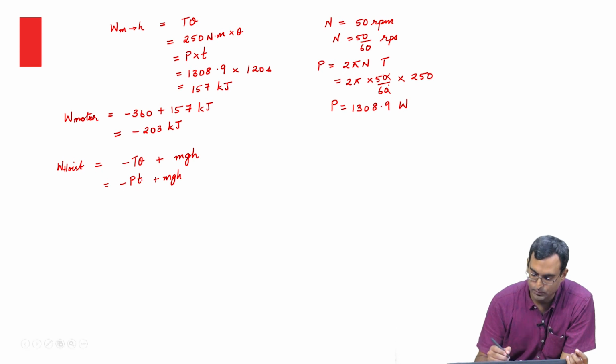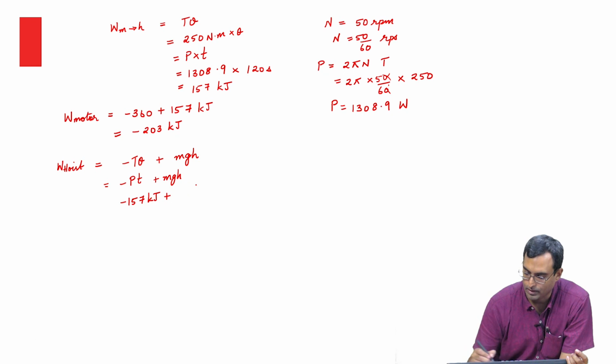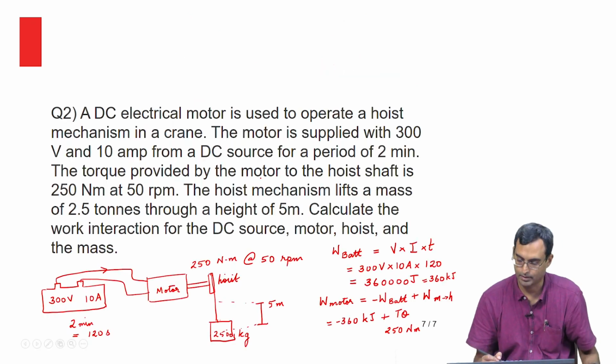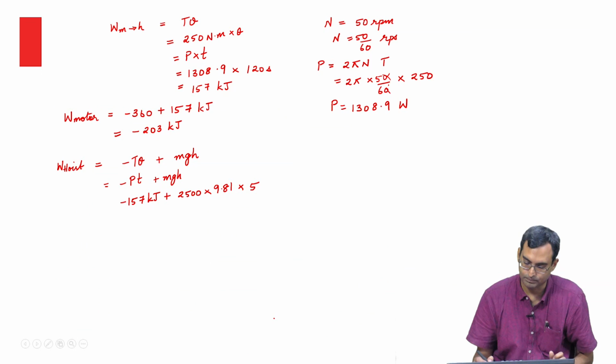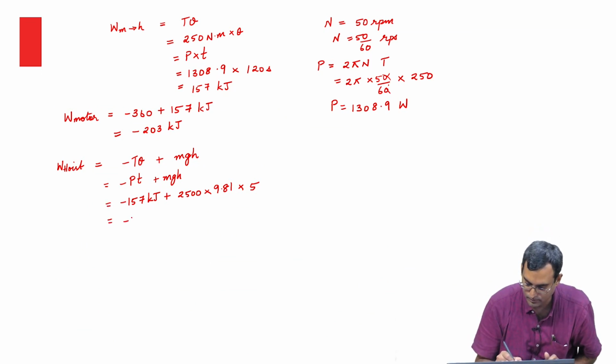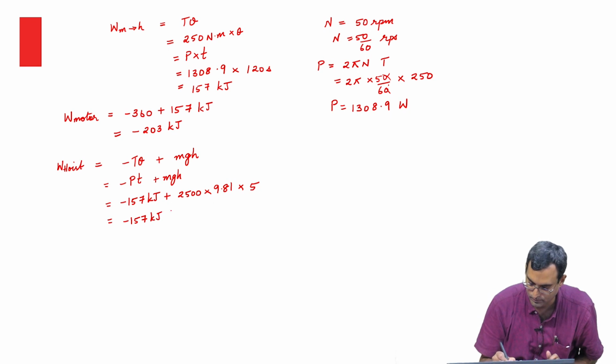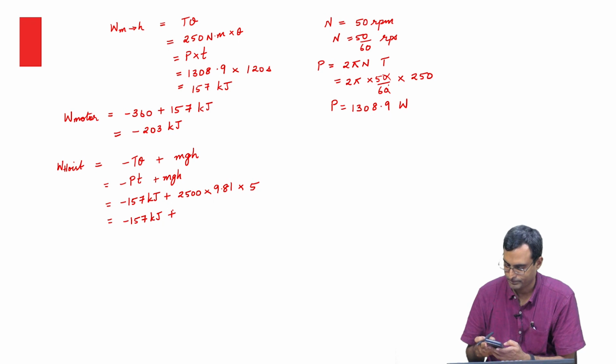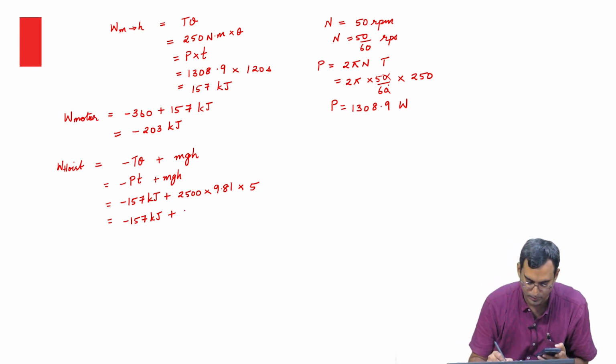I have already found out this value, it is 157 kilojoules. So, I have it as minus 157 kilojoules plus the mass of the object which is being lifted up, which is 2.5 tons, into acceleration due to gravity, 9.81 meter per second square, into the height by which it is lifted up, which, if I remember right, is 5 meters. So, this is plus 122.6.